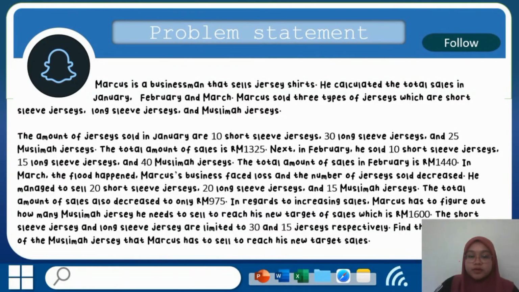To solve this problem, we have to highlight the important sentences in this problem statement, such as the jerseys sold in January are 10 short-sleeve jerseys, 30 long-sleeve jerseys, and 25 Muslimah jerseys, and the total sales is 1,325.